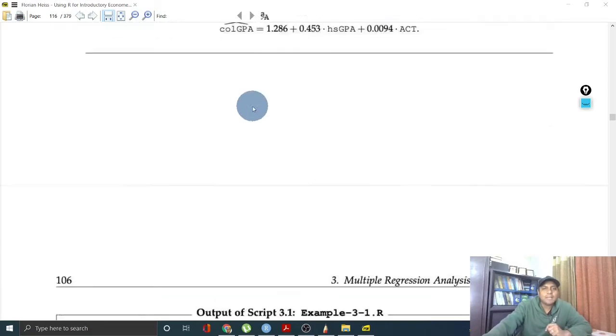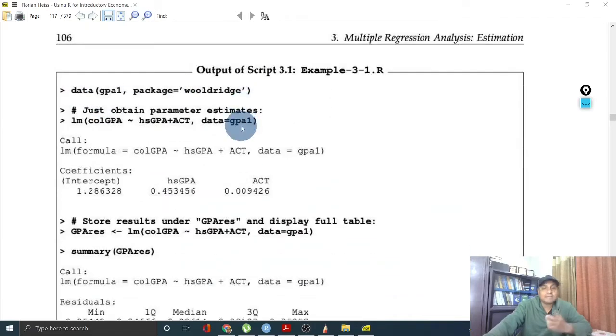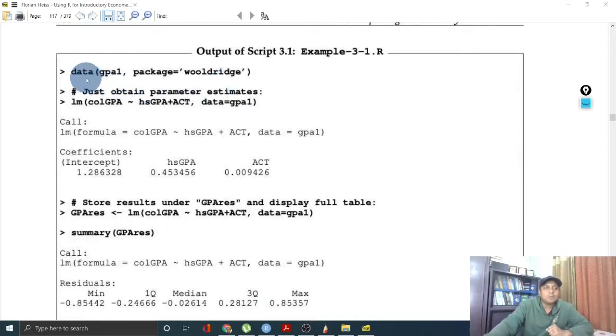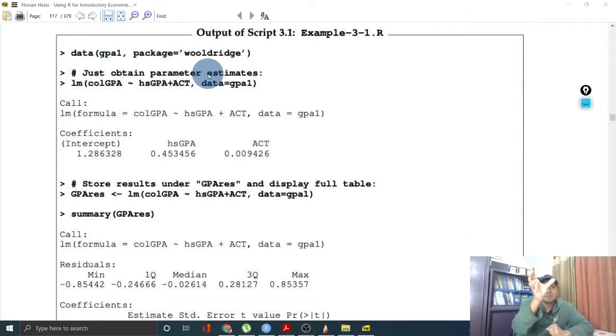There is a script, and as I said, I already demonstrated how to run the script using R Studio in my first few videos. This is also no exception. First you load the library package, meaning the wooldridge package, into the R programming environment, and then you command the data set GPA1 from the package wooldridge. Follow exactly the same scripts and you will get the output in your R Studio platform.